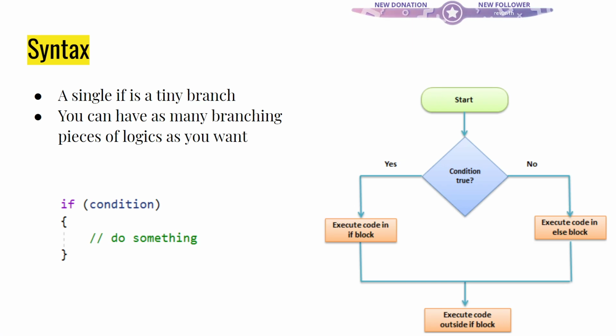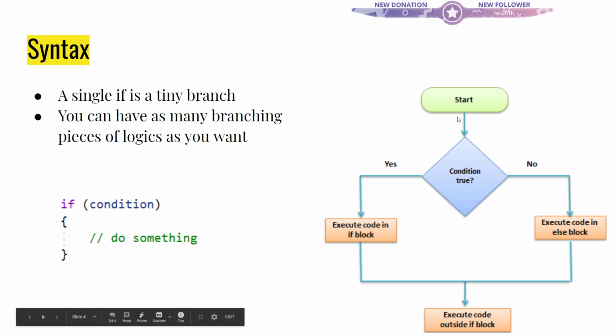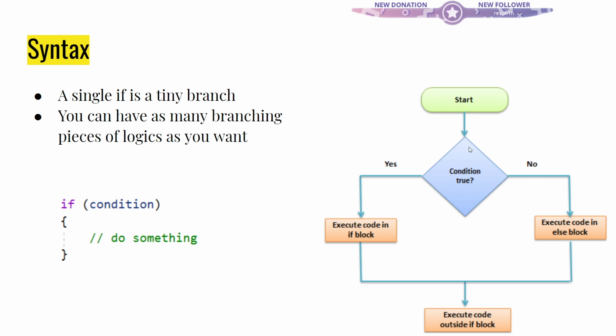So the basic flow of an if statement is basically a branching logic into one or more parts. Here you can see a flow chart of how it works. We check a condition, and if the condition is true, we execute the code in the if block. If it's false, we execute the code in the else block, though the else block might not always exist.